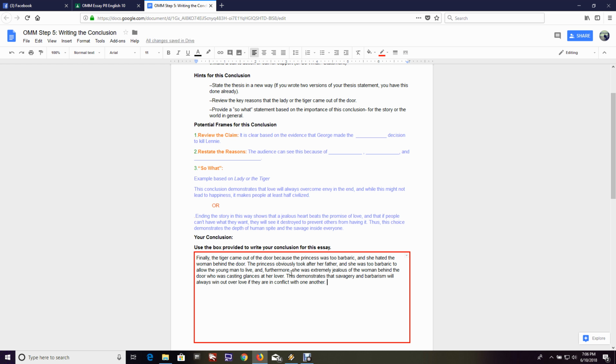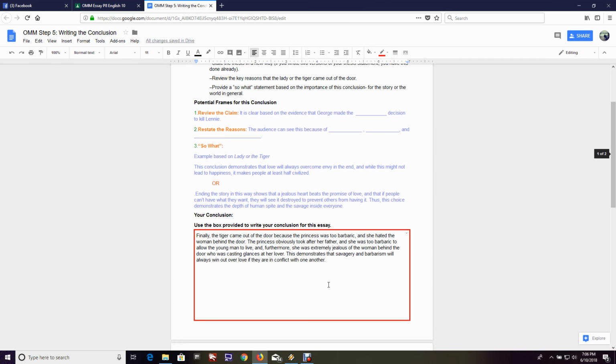It lines up with our thesis, and it kind of shows a deeper message that ultimately we're going to look out for ourselves, and that savagery is going to win out over love, that love is weaker. If you had chosen the lady instead of the tiger, you might say love will always prevail. That would be a deeper sort of message there.